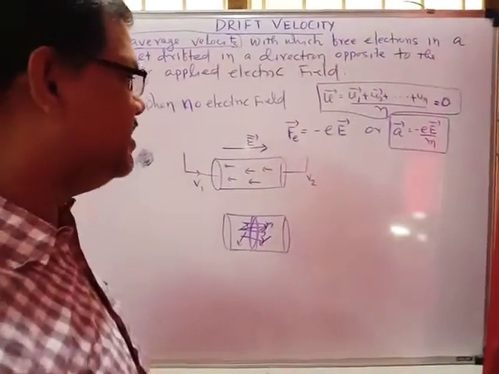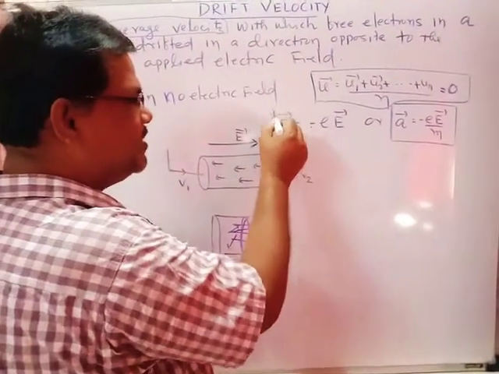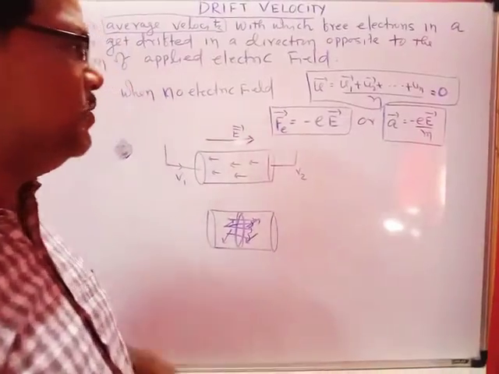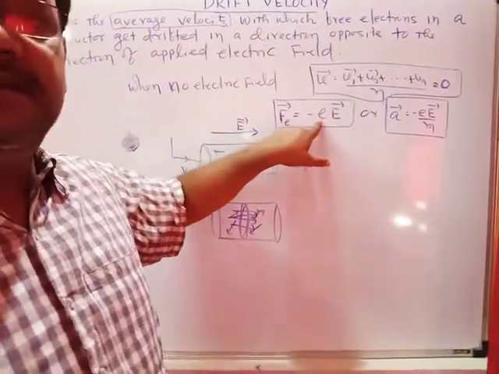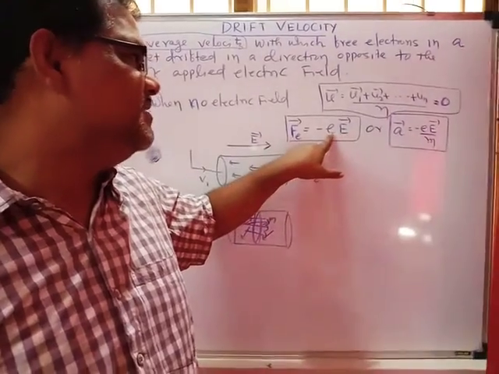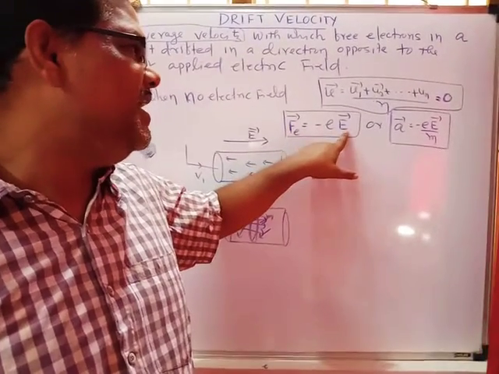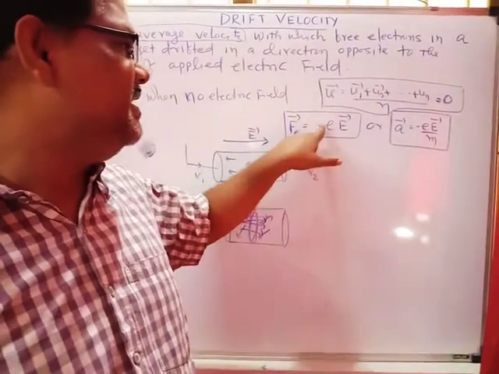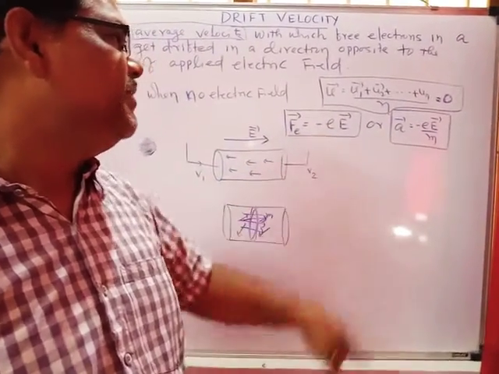If you consider one of the electrons, then the force acting on the electron will be Fe equal to minus e times E, because you know that electrical force equals charge times electric field. Here e is the charge of the electron and capital E is the electric field intensity. As the force is opposite to that of the electric field, it is minus small e capital E.